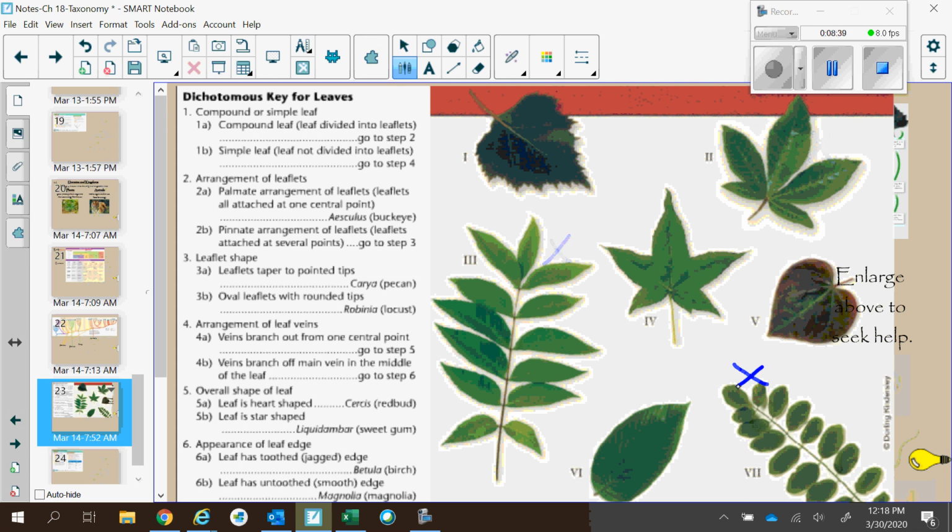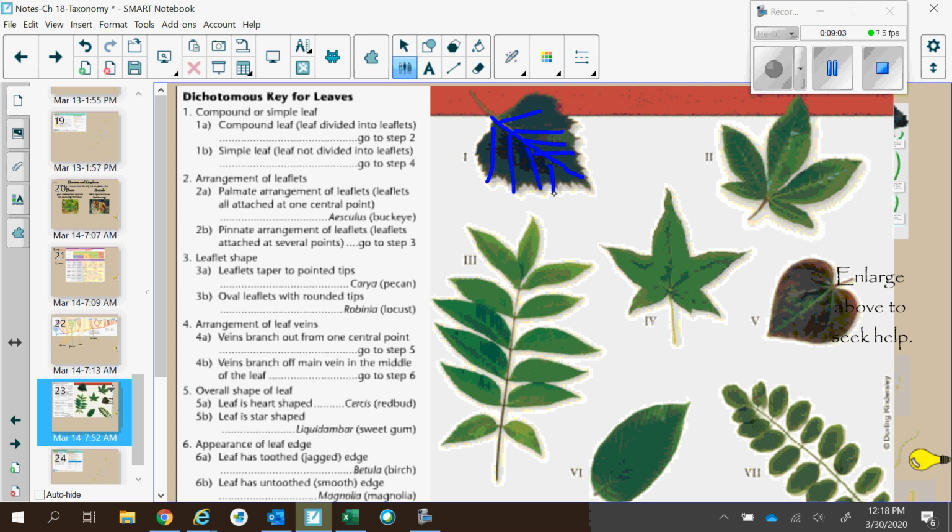So if you're going to pick an organism, let's just pick number 1 here, because y'all do that one first. So it's a simple leaf, and the directions tell us go to step 4. All right, so we go to step 4. The leaf veins, do they branch out from a central point, or do they branch off a main vein? If we see here, we see this main vein, and we've got branches coming off the edges of this.